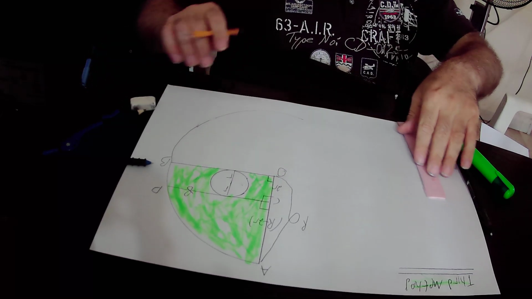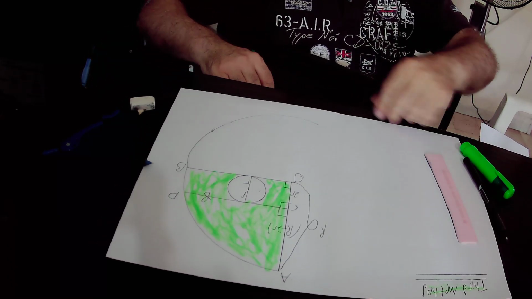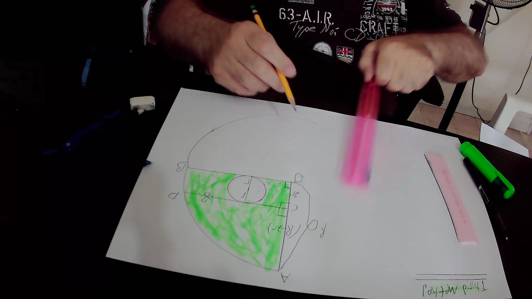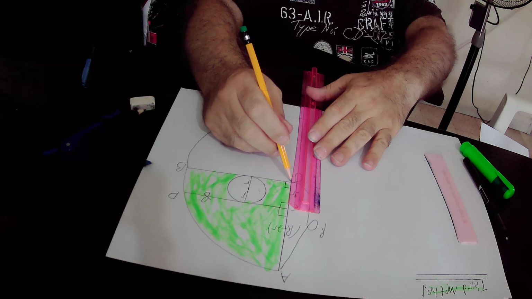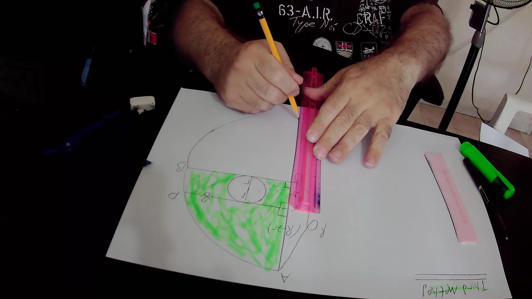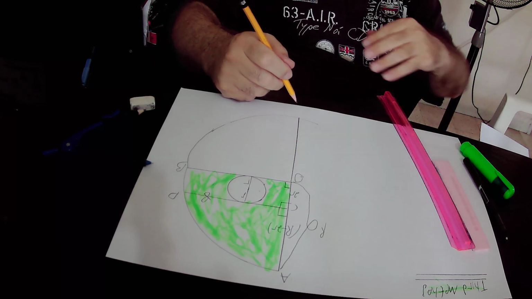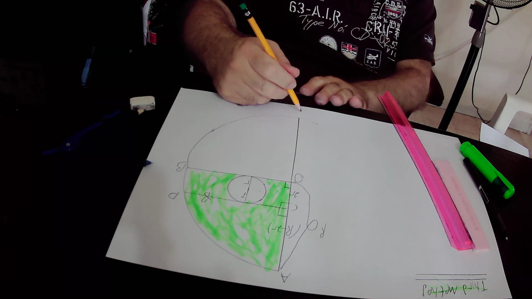We completed the quarter circle to a semicircle. We will extend the radius AO by a straight line until it intersects with the semicircle. We define the intersection point as T.